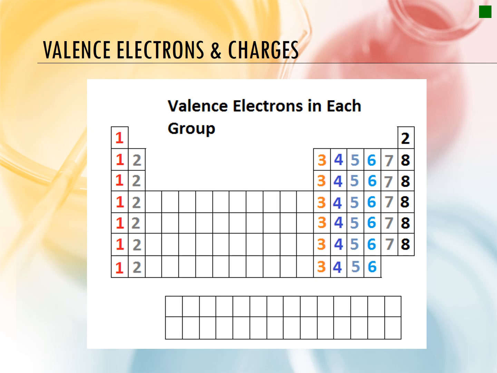All right, so what's really interesting, and cool, is that it kind of goes on your periodic table, it goes in order. So as long as you can count from left to right up to 8, you should be able to easily fill this in. So what I want you to do is take out your blank periodic table or non-colored periodic table, and we're going to write our first things on this.